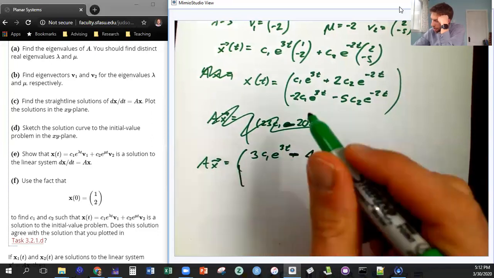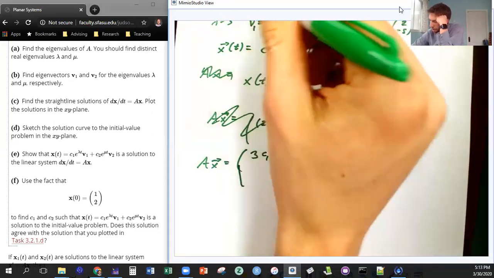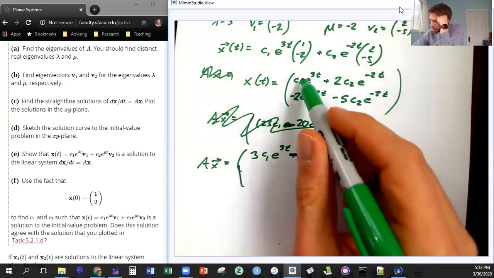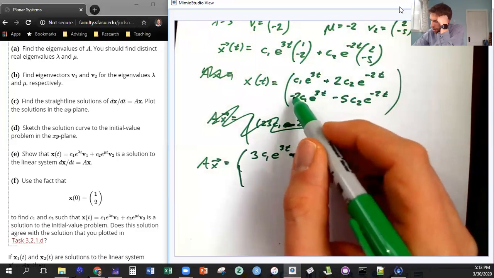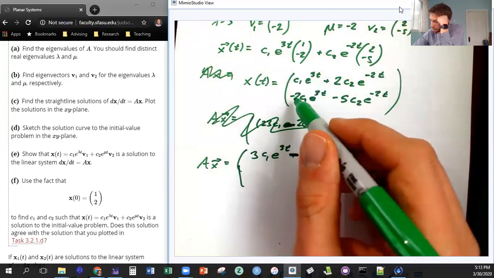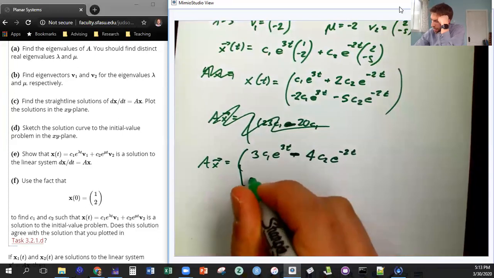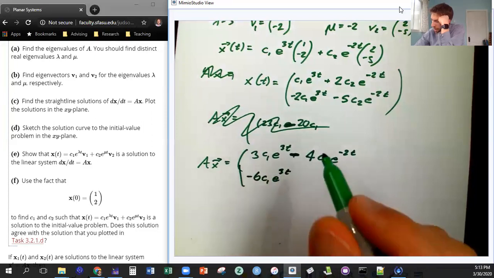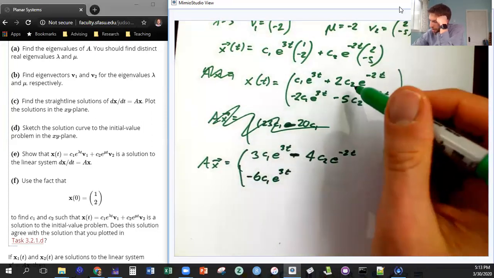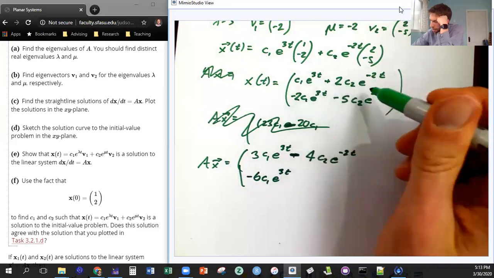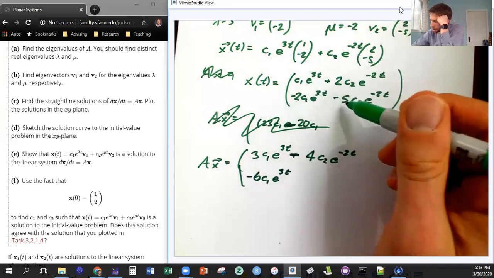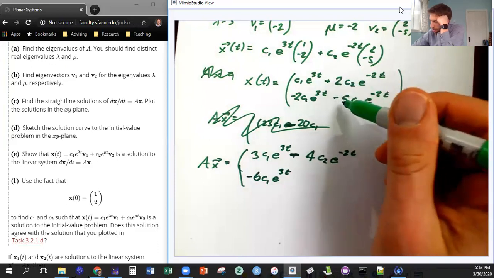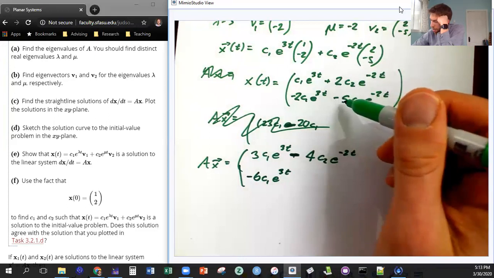And then the bottom, we're doing the bottom row times these two. So then -50 times this minus 22 times that. It's going to be -50 plus 44. So minus 6 C1 e to the 3t. And then this here would be -50 times that plus 22 times that. So -50 times that is -100. 5 times 22 would be plus 110.